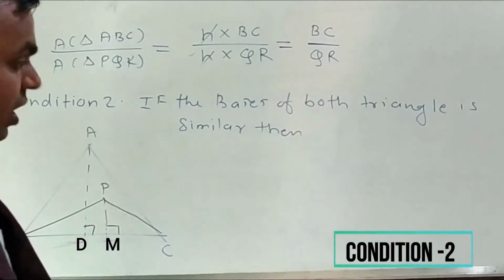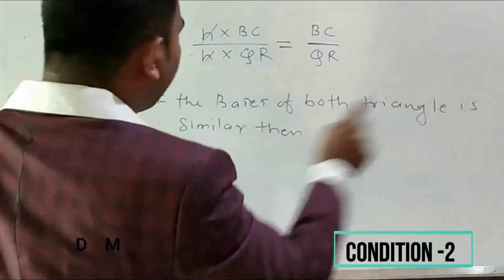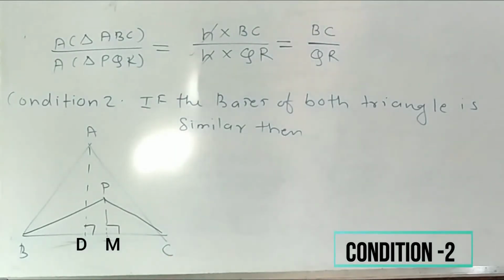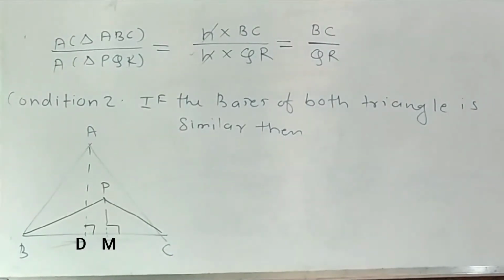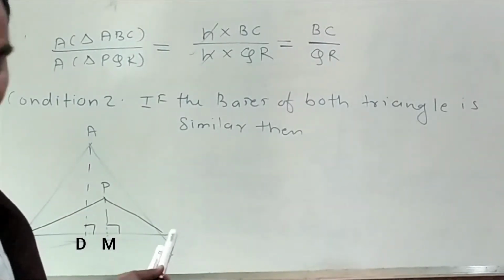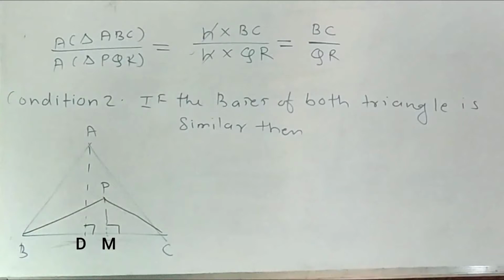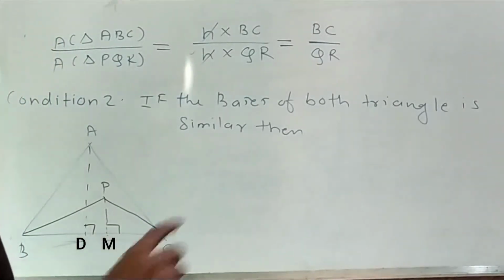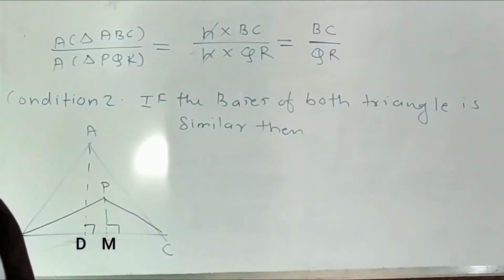Condition 2: if the bases of both triangles are similar, then what is the ratio of their areas? Here triangle ABC and triangle PBC have the common base BC, and we have to find the ratio of these two triangles.